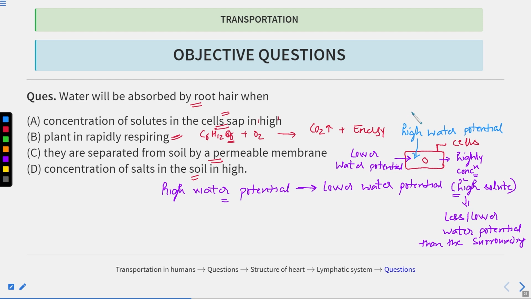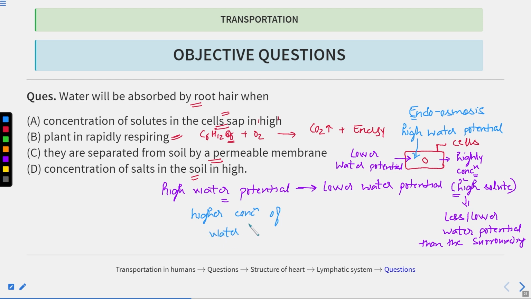All right, and what will you call this process? This is known as endosmosis. Here the water will move inside the cell. High water potential means a higher concentration, or higher number, of water molecules.